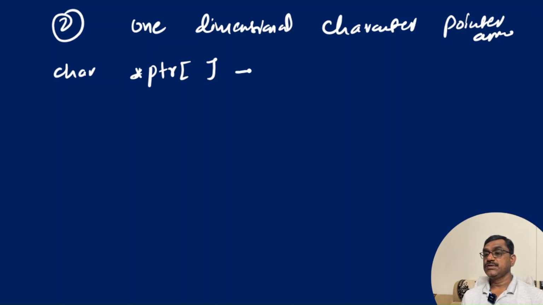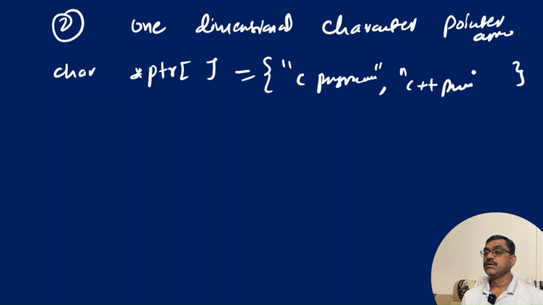Here just write opening brace and closing brace. First, I'm going to write C programming, comma. Next one, we are going to store C++ programming. And the last one is Java, in double quotes. We are going to store the same thing by using only a one-dimensional array, but here we are taking character pointers.